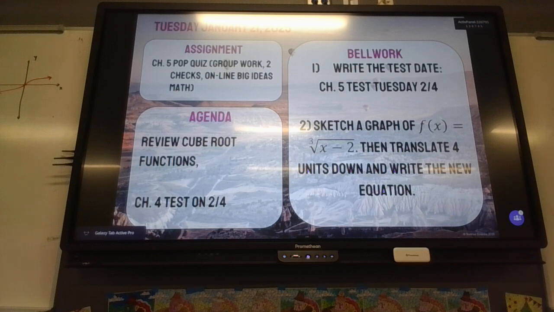All right. Well, right off the bat, this f of x equation isn't just cube root of x, it's the cube root of x minus 2. So this means shift the graph right 2 units.